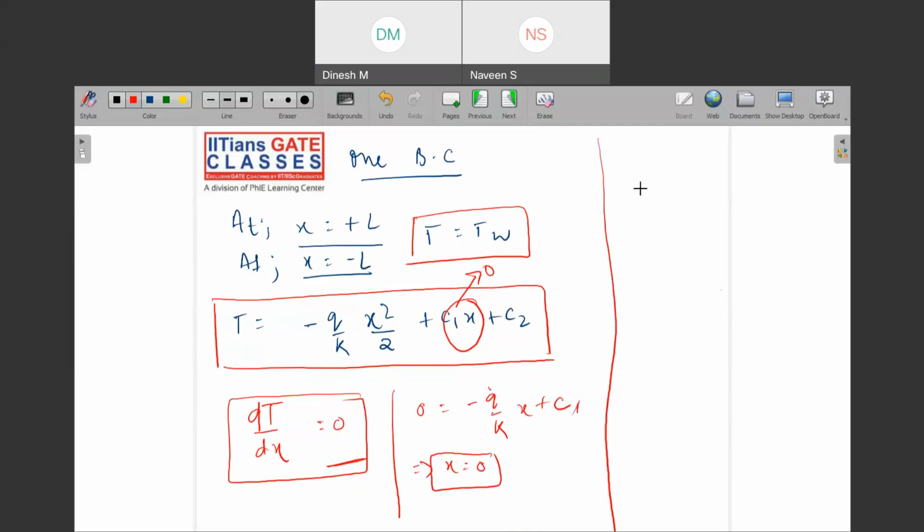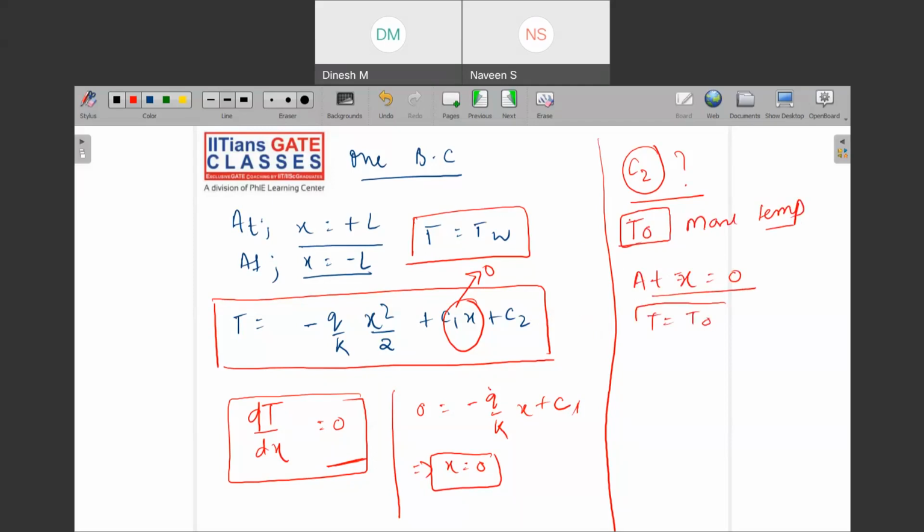Now my task is to find out what is C2. In order to find C2, let me say that this maximum temperature is T naught. Then at x is equal to 0, T is equal to T naught.